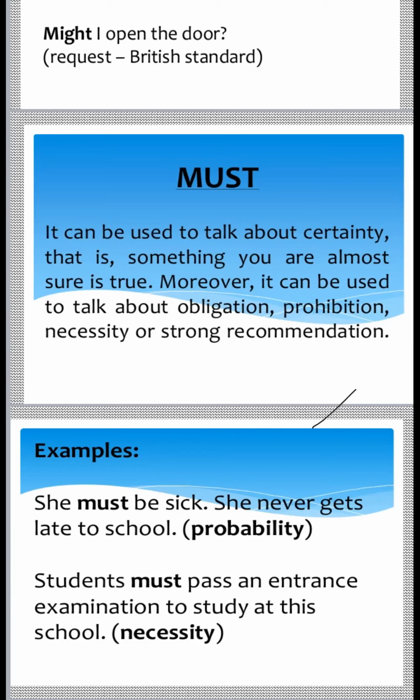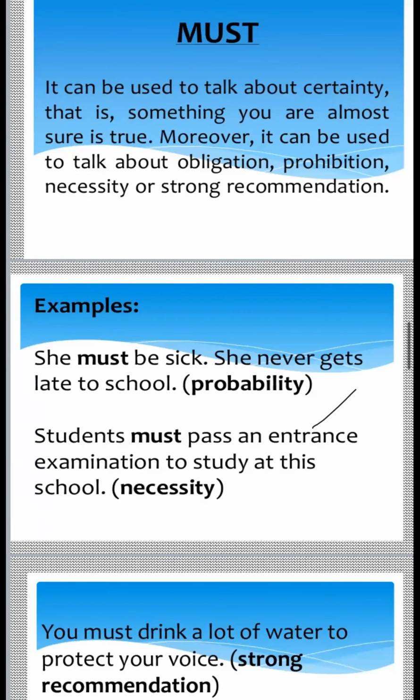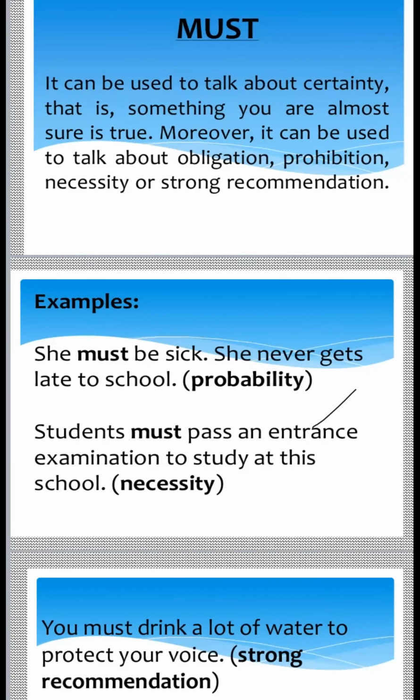If you go for its examples, you will see that she must be sick. She never gets late to school. So someone is sure that someone is sick. Otherwise, the girl never tried to be late for school. So surety is there, but with surety, there is a possibility.